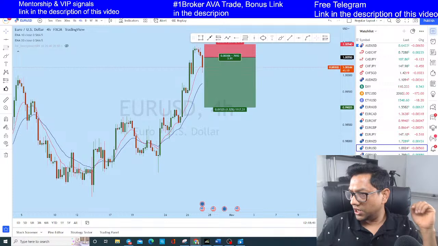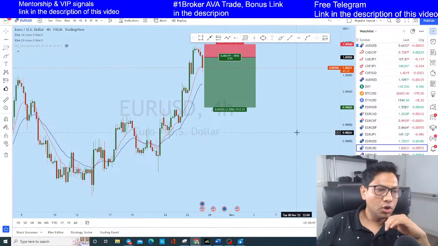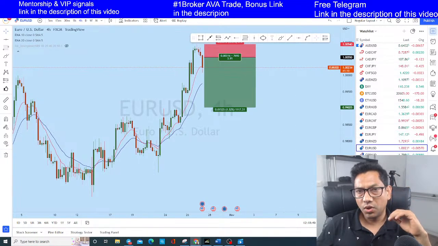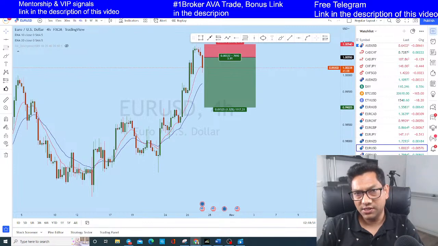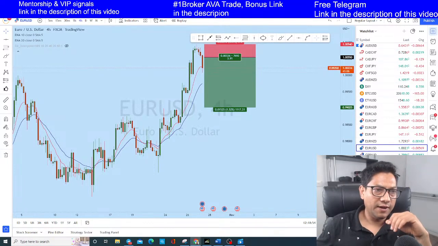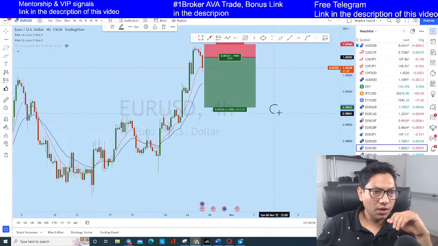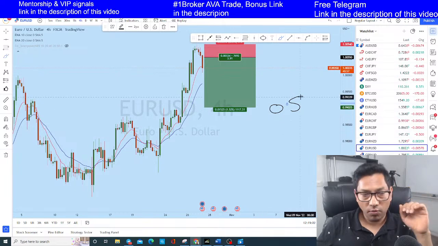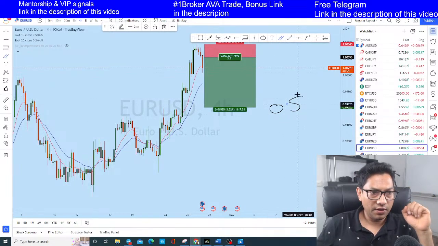Sir, how do we take partial profit from our trades? Okay, just reduce the lot size. To take partial profit, what you need to do is reduce the lot size. Let's say you open 0.5 lot. If you go to your MetaTrader mobile app or computer, you can close partially.